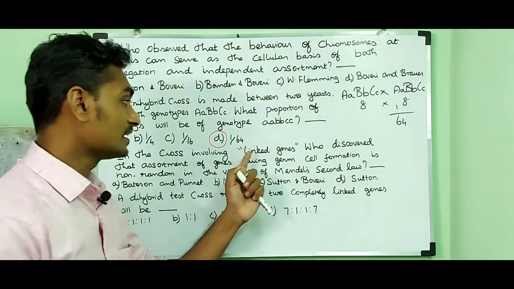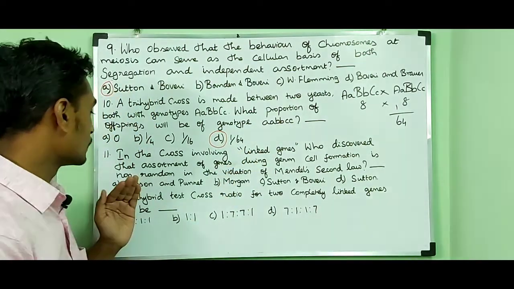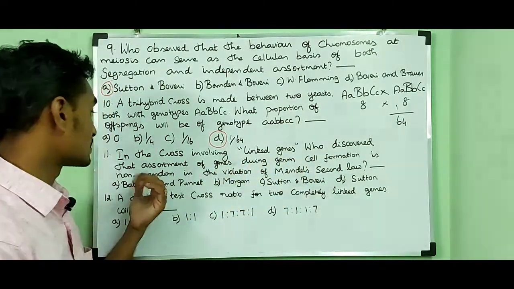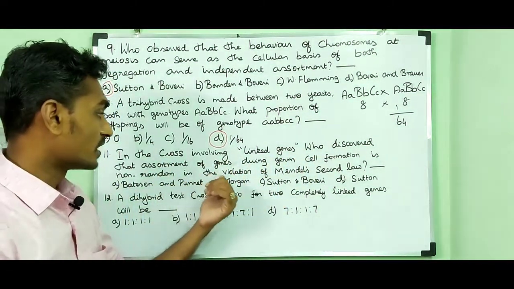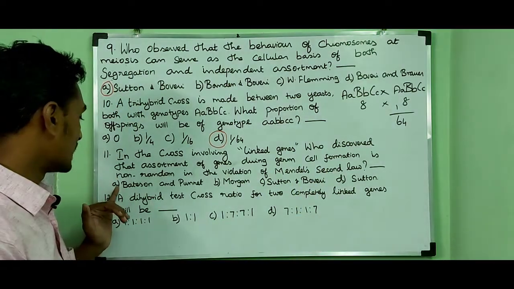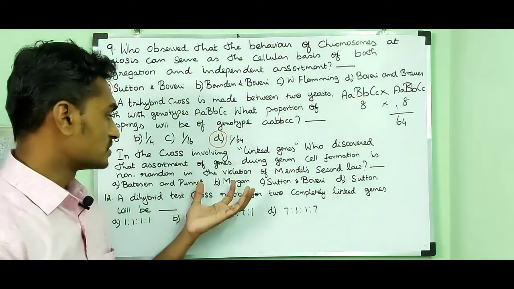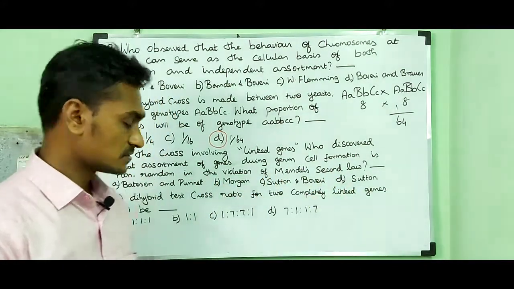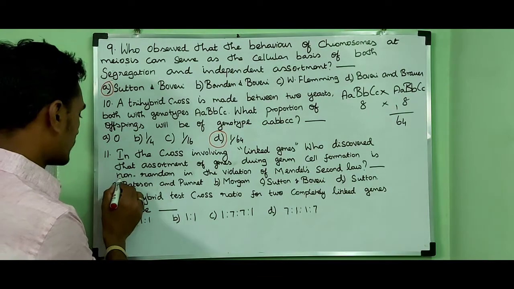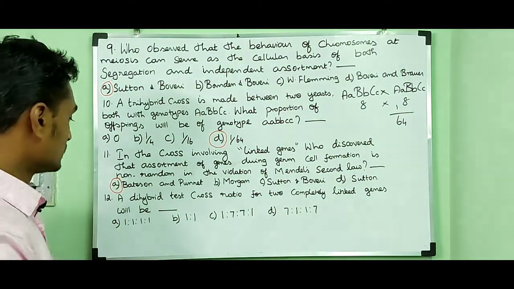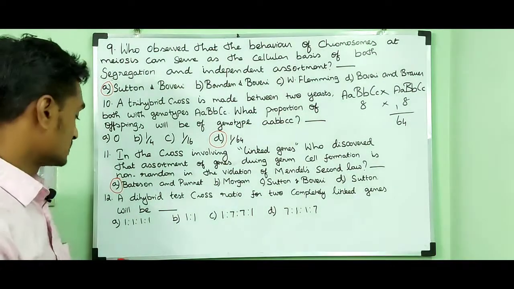The options are option A, Bateson and Punnett, option B, Morgan, option C, Sutton and Boveri, option D, Sutton. So the right option is Bateson and Punnett. This is also a direct question.